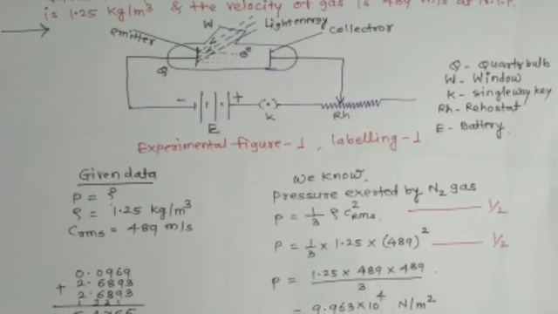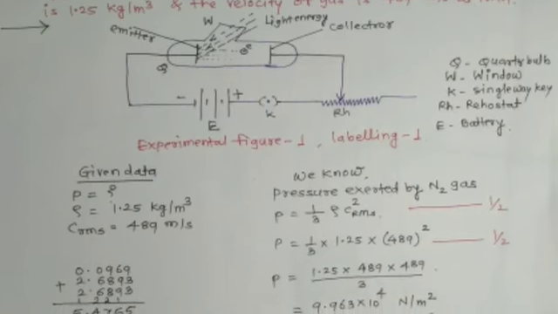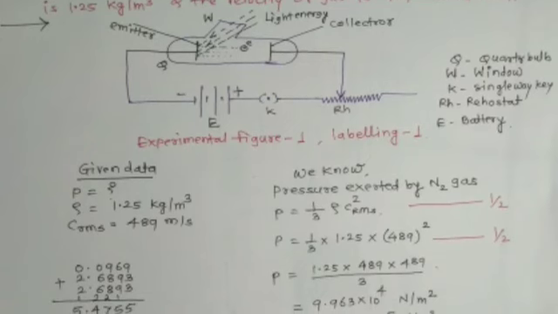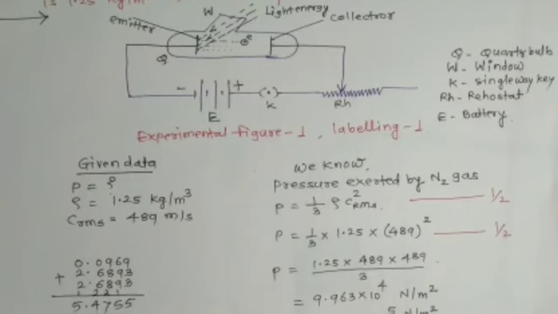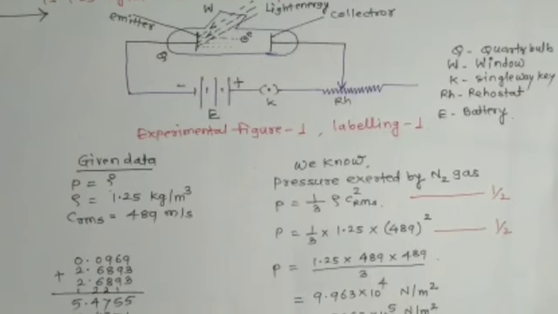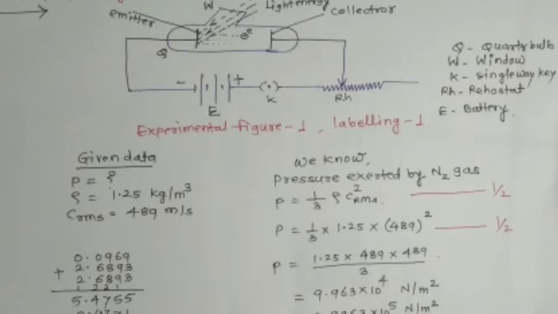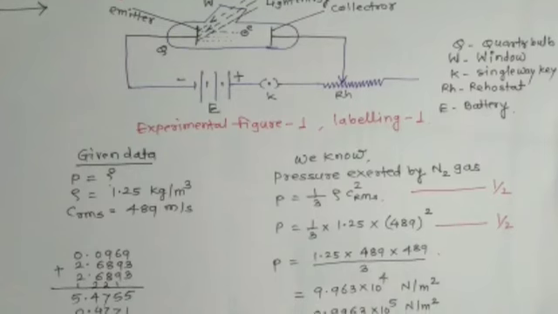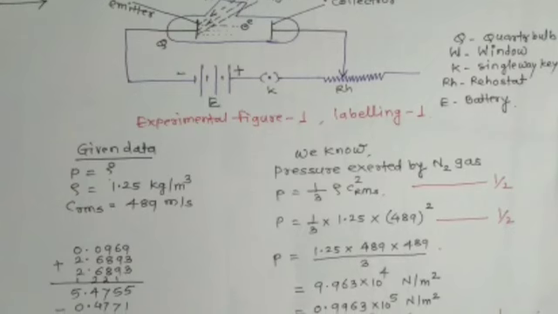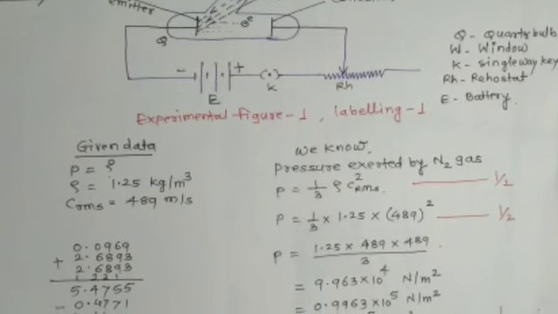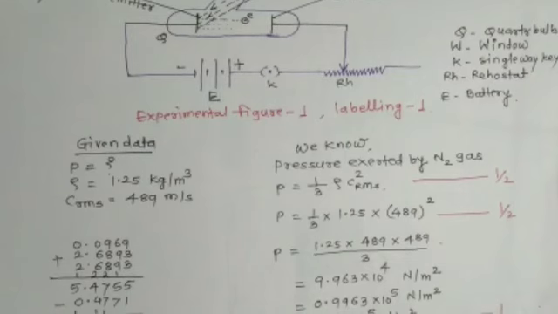Here the solution of the above question will be: diagram gets 1 mark or experimental figure gets 1 mark and labeling gets 1 mark. So 2 marks for diagram and labeling.